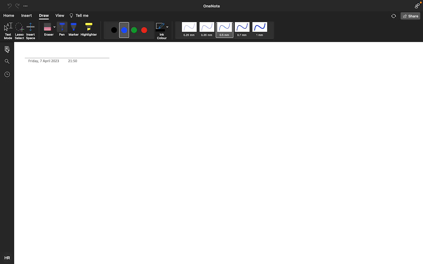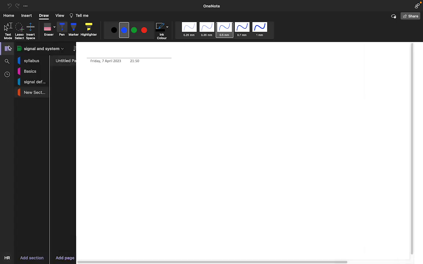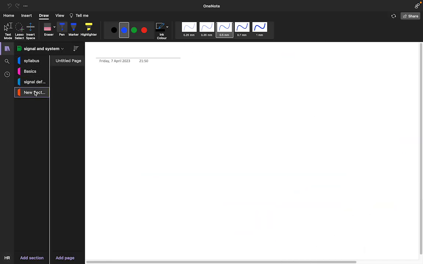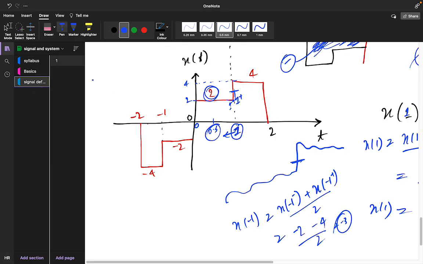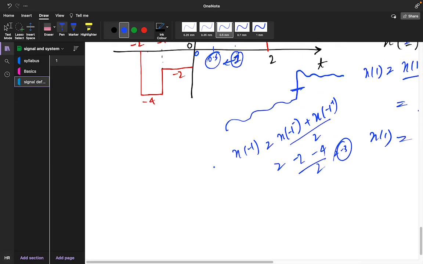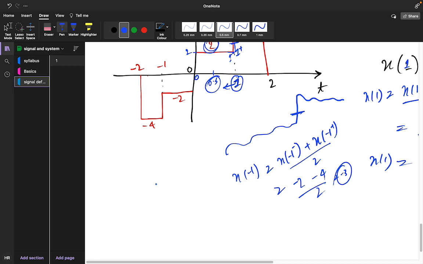And what will be the value at x equals 0? At x equals 0, what value will you get?